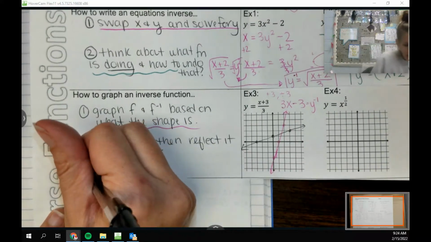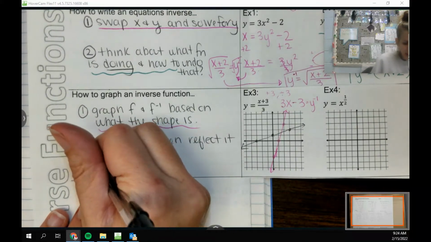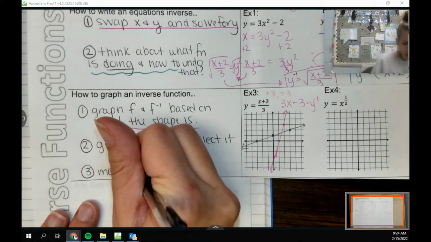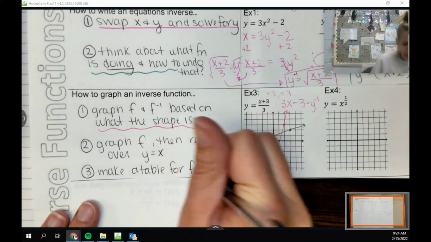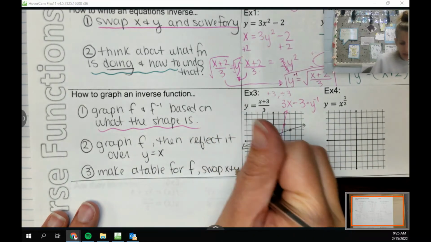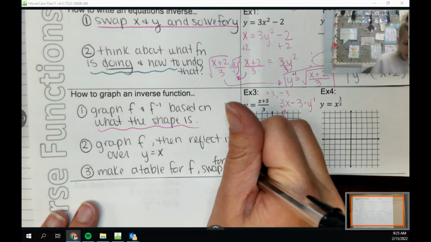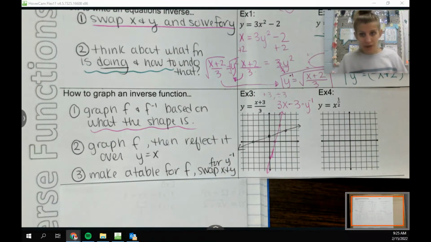And then the third way, which is maybe my least favorite way, and so I'm not going to do it, is make a table for your function and then swap x and y for the inverse function and then go graph that.